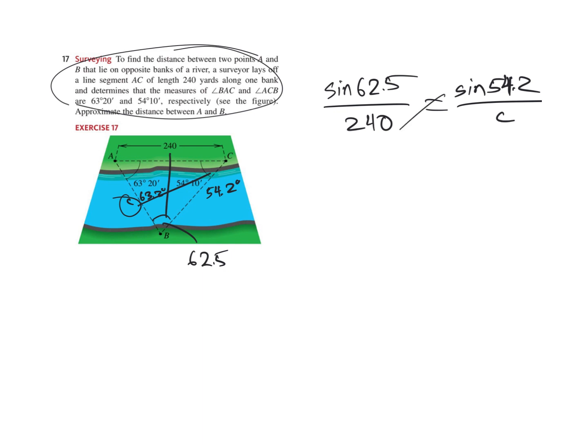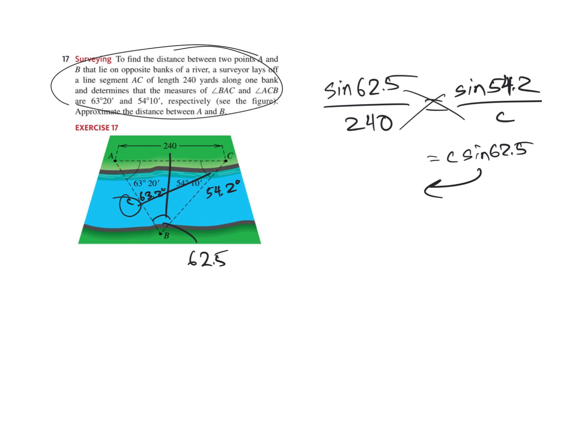So now we just cross multiply. 240 times the sine of 54.2 is going to be equal to c times the sine of 62.5. So I'm going to divide that number I just got by the sine of 62.5. And I get the wrong answer. There's no way that's right.